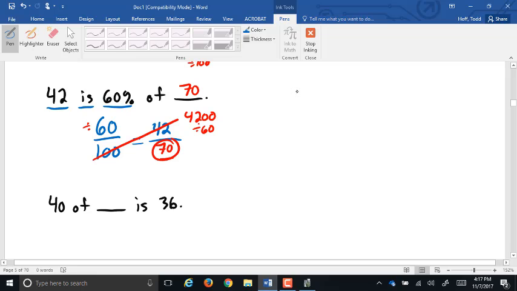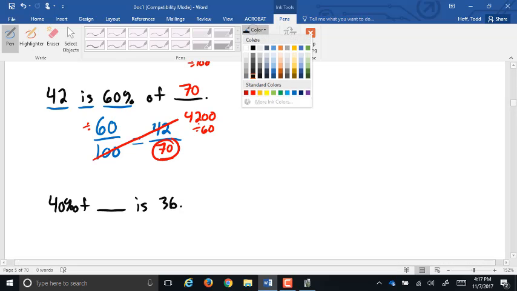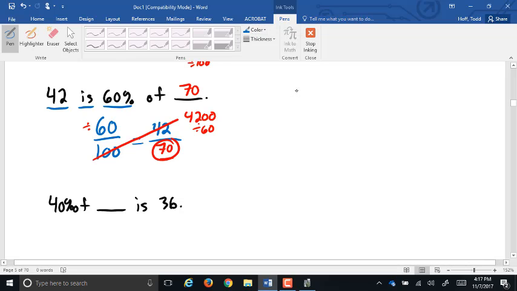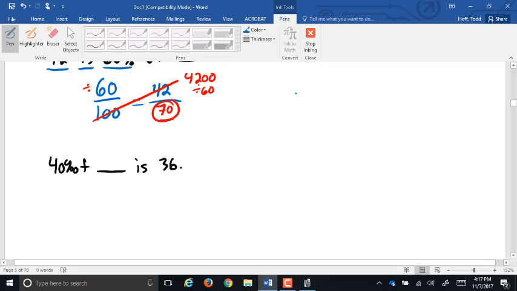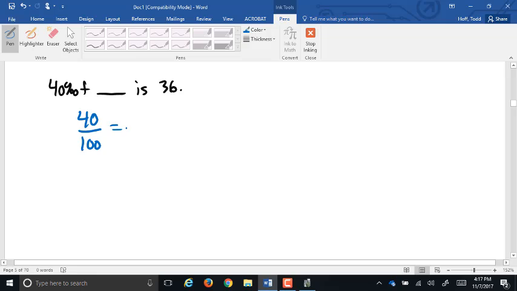If I say 40, so my percent symbol disappeared on me. 40% of blank is 36. Well, again, I start with my percent. 40% is 40 out of 100. Where does the 36 go? On the top.